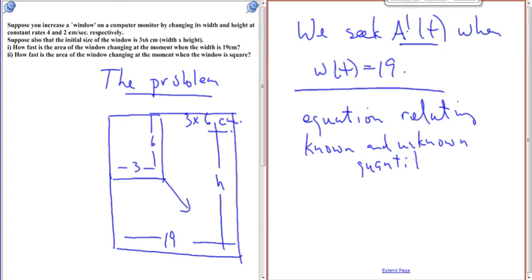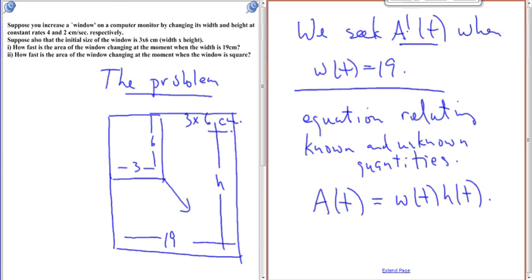Because the idea is that we'll differentiate and therefore get an equation relating the known and unknown rates. Well, what is that? I've got A(t) here. We know that the area is the width times the height. Now this is true at all times t. At any given time t, the area is equal to the width at that time times the height at that time.